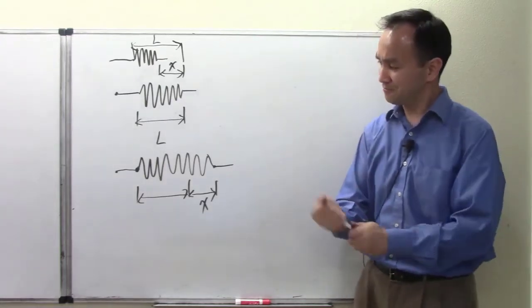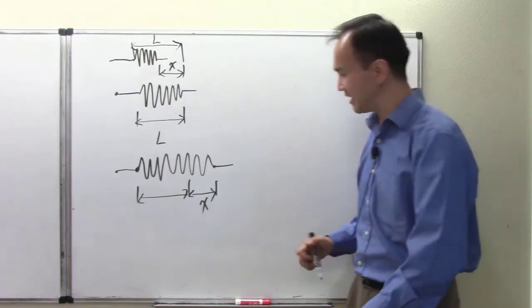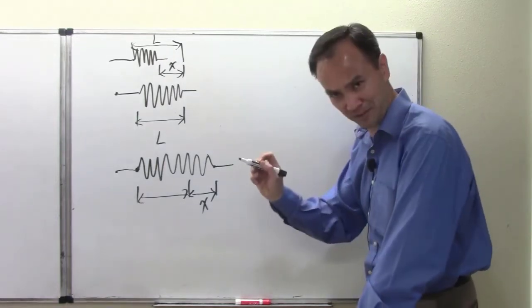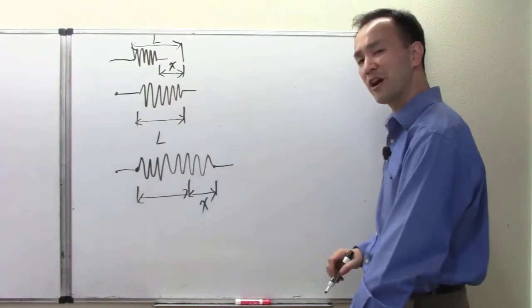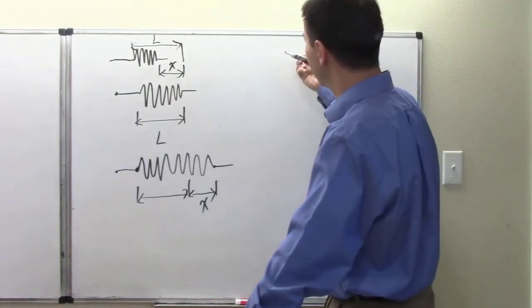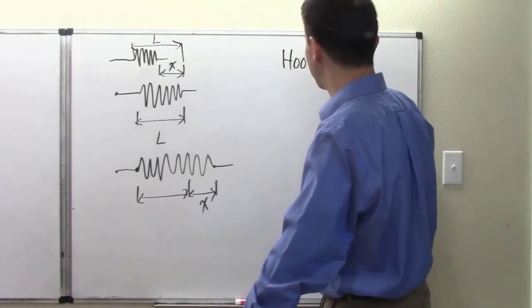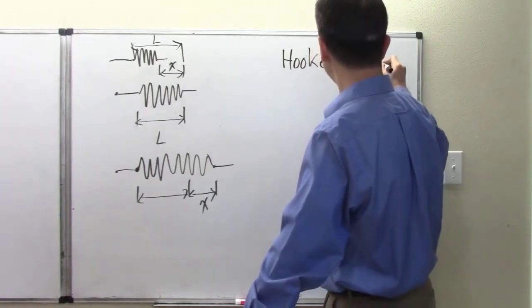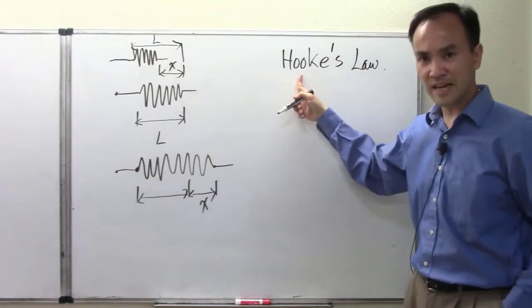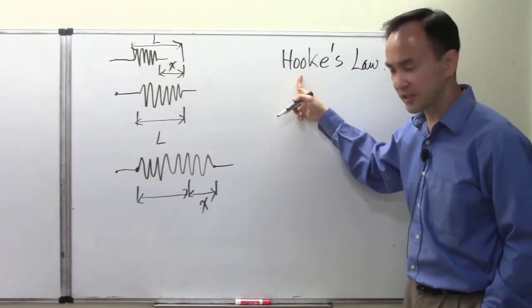Now, before I get into the wording description of the problem, there's a law very well known in physics courses. It's called Hooke's law. All credit to that mathematician and physicist Hooke.